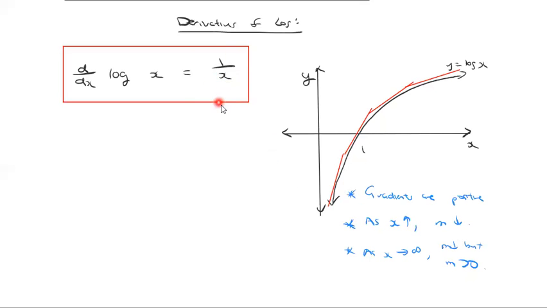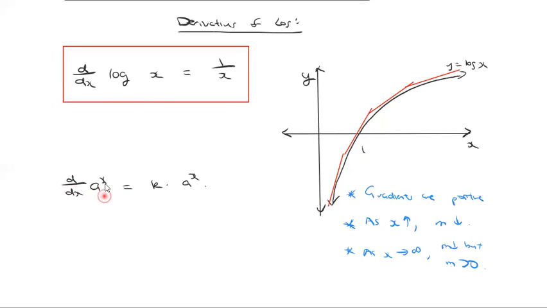We'll leave the proof till later if we do it at all, but the derivative of log x is 1 over x. Now that's not strictly true in the same way that the derivative of a to the power of x, as we said by definition, was a constant times a to the power of x.